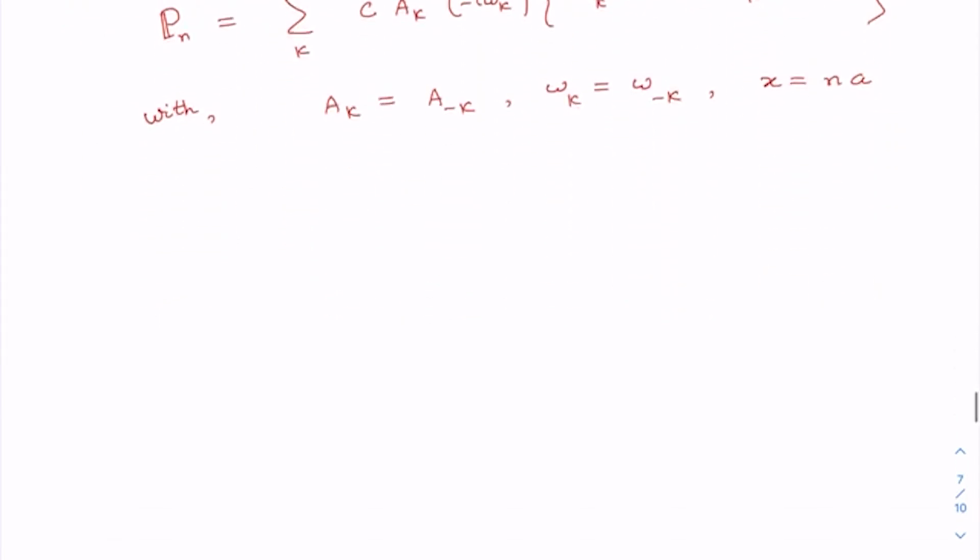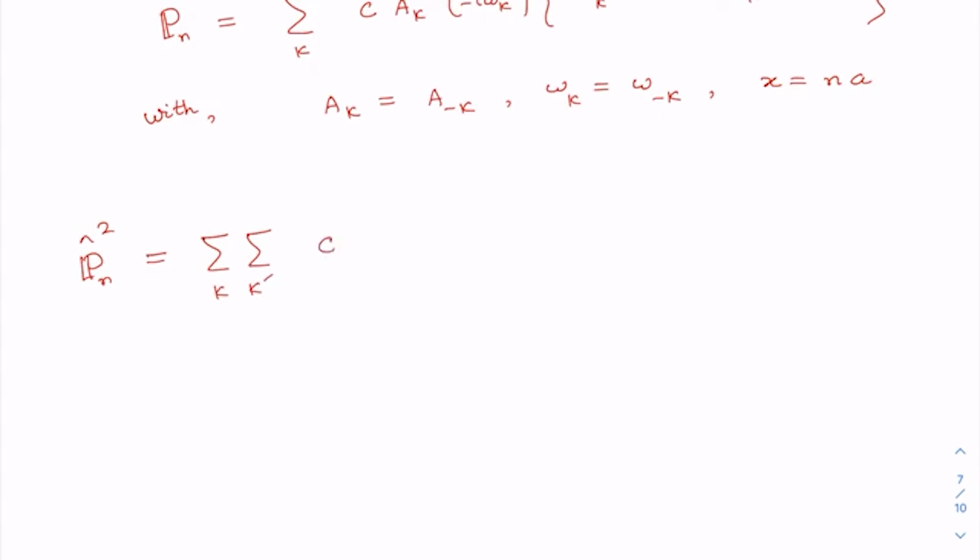So first let me expand pn square. We will now have two sums over k, let us say one is k dash and another is k.